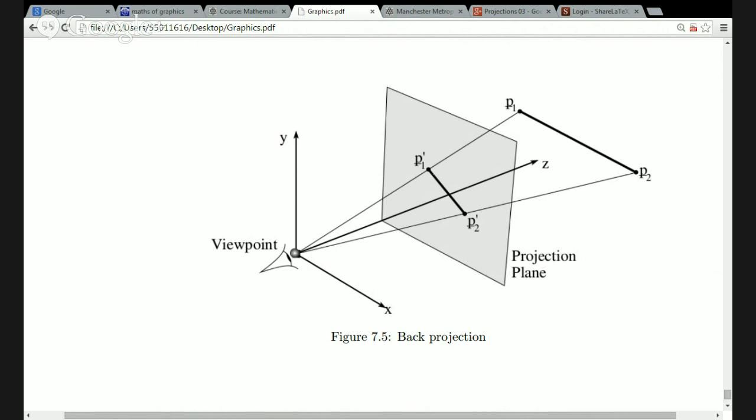Now, because we're going to have to get down to the coordinate level, or the component level, of these vectors, we'll introduce notation for them.